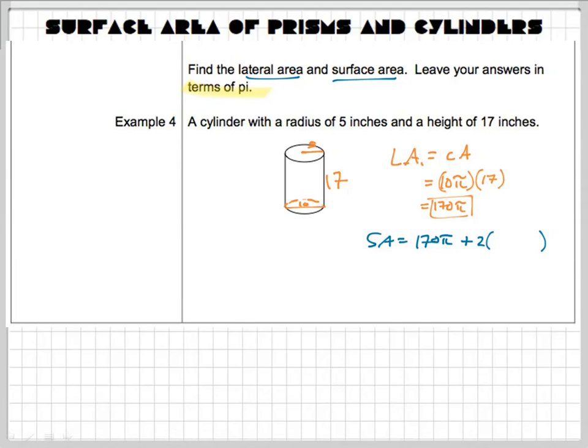Areas of the bases are pi r squared, and our r is 5, so it would be 5 squared pi. 5 squared is 25, so I'm going to put 25 pi. 25 times 2 is 50 pi. We add that to 170 pi. Those are like terms, so we can add them together. We get 220 pi, and we're done.